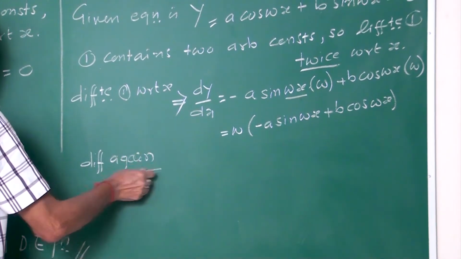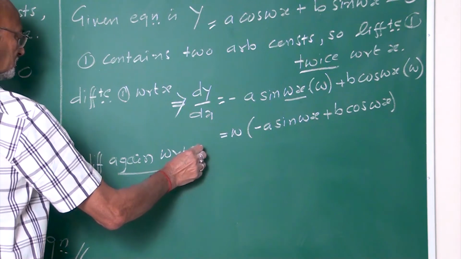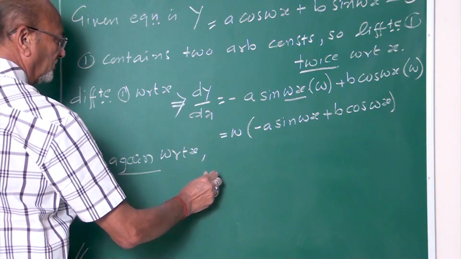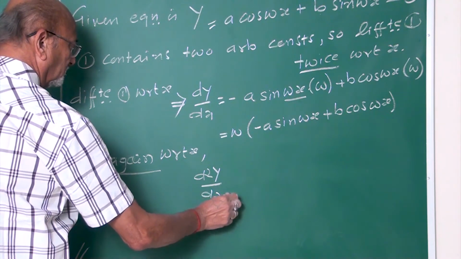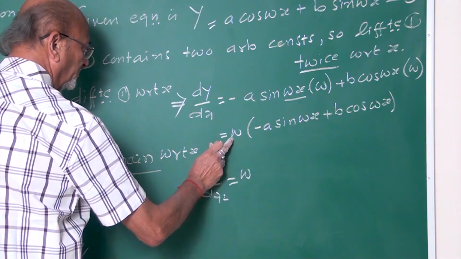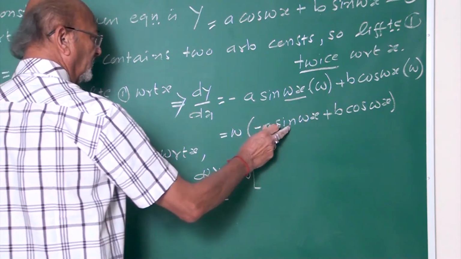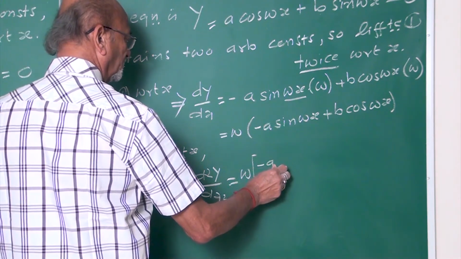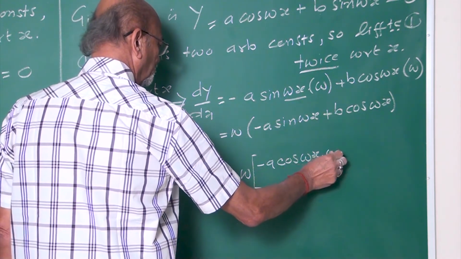Second time, differentiate this again with respect to x. Derivative of first derivative is second derivative. Omega being a fixed constant remains as it is. Derivative of this is minus a, derivative of sin is cos omega x into omega.